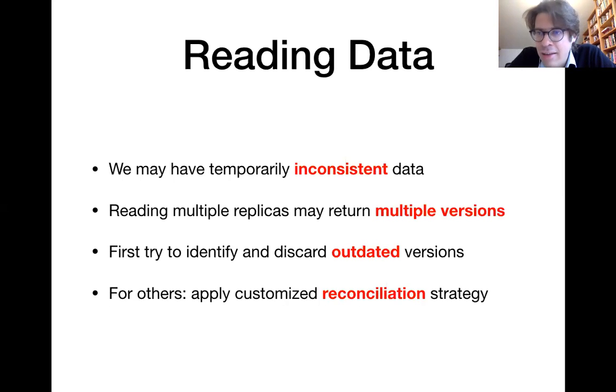If that doesn't work, it uses some customized reconciliation strategies. So that is one of the reasons why I selected the Amazon Dynamo system, because it deals with an issue that is typical for eventually consistent systems, which is that you might get multiple conflicting versions of an object, and then you have to decide how to make sense of that and which one of them to discard, or how to merge together those conflicting versions.